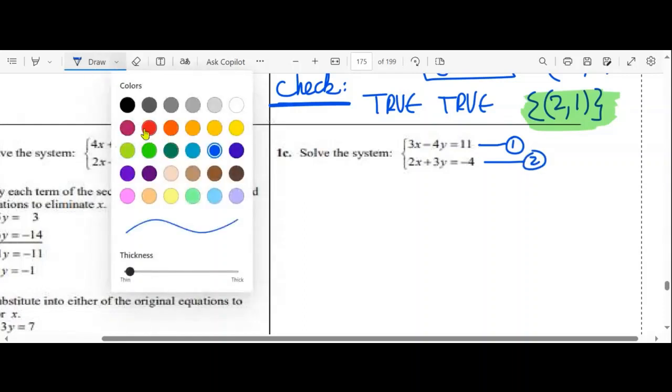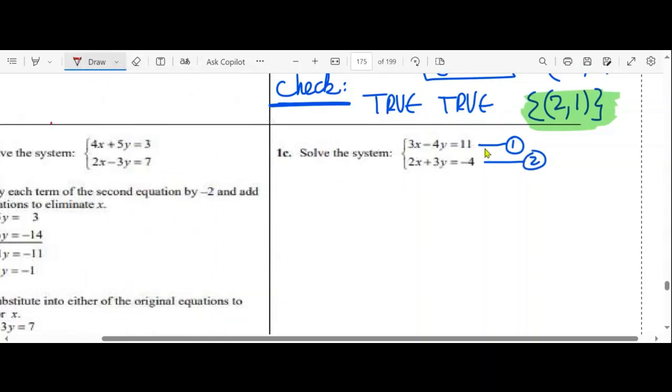You're going to multiply the top equation 1 by 2 and the bottom by negative 3. You are cancelling the x, correct? So 2 times 3 is 6, and 3 times 2 is 6. So it has to be negative 3. Is this clear?